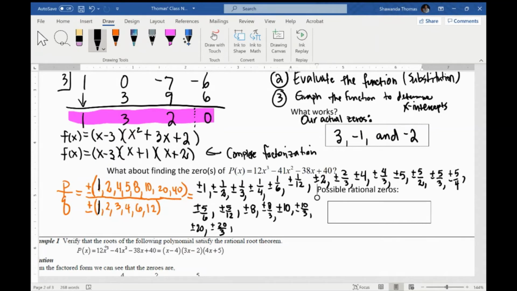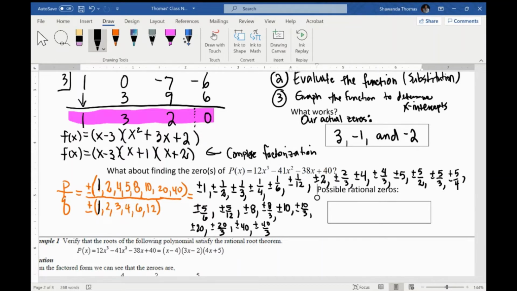40 divided by 1 is 40. 40 divided by 2 is 20. We already got it. 40 divided by 3 is 40 over 3. 40 divided by 4 is 10.